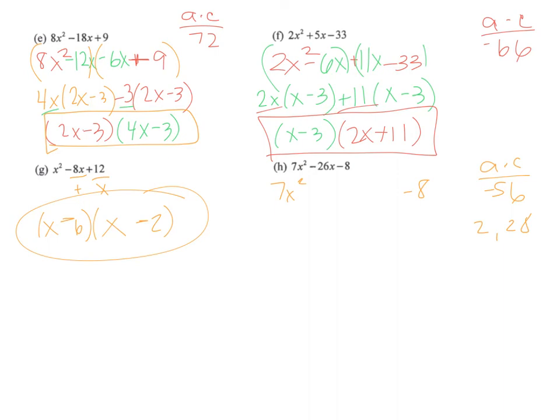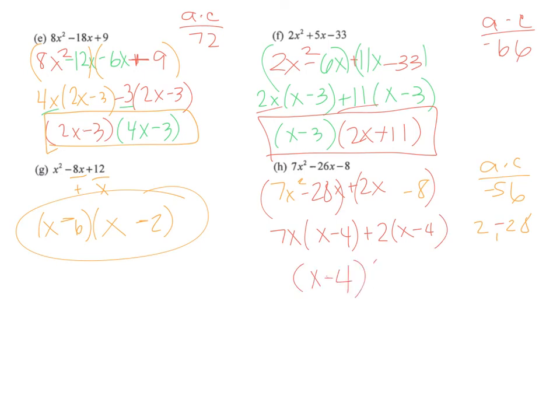Well, if they add to equal negative 26, then the 28 has to be negative. So negative 28x, positive 2x. Greatest common factor is 7x, and we're left with x minus 4. Greatest common factor is 2, and we're left with x minus 4. X minus 4, and 7x plus 2.